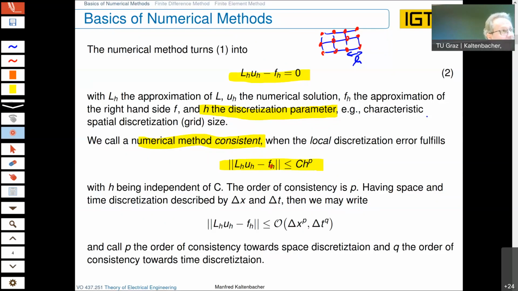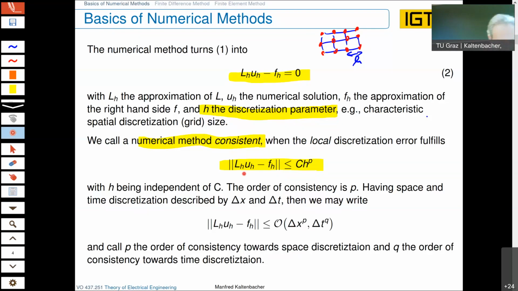So an imbalance you have due to the discretization, because clearly if this were in the continuous form, forget the h, that should be 0, because we have LU equal F. But this is not fulfilled when you do a discretization, due to your discretization error. And this is smaller than a proportional factor times the discretization size with some exponent p.